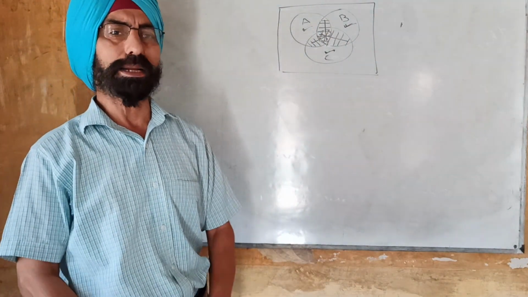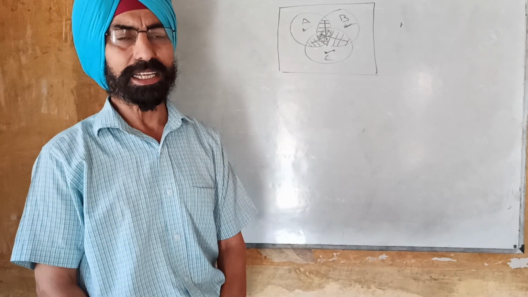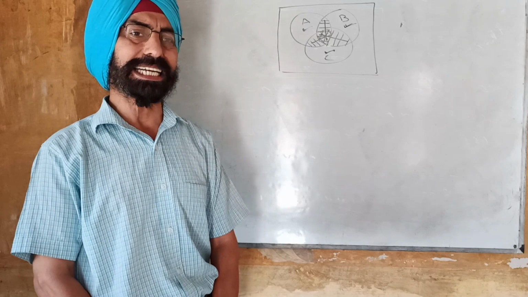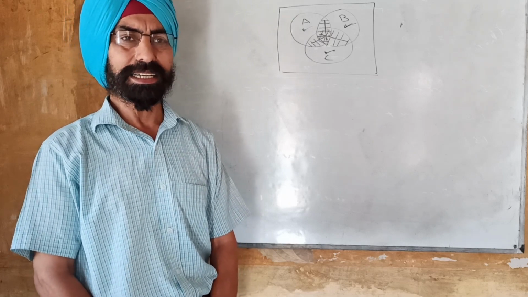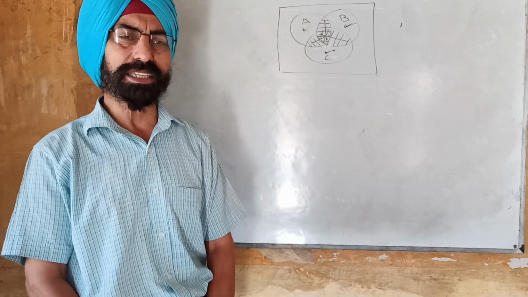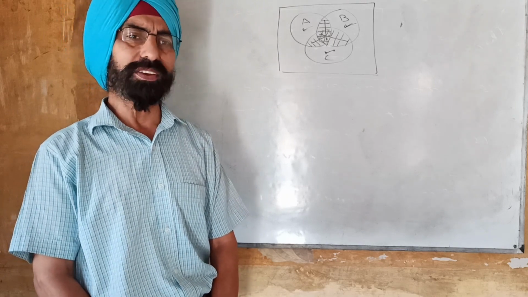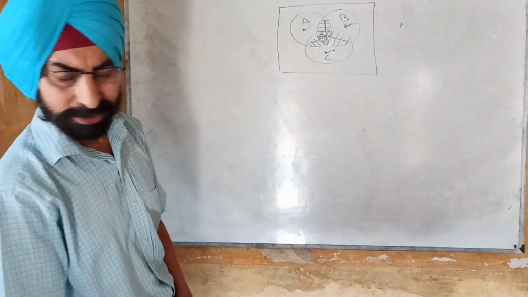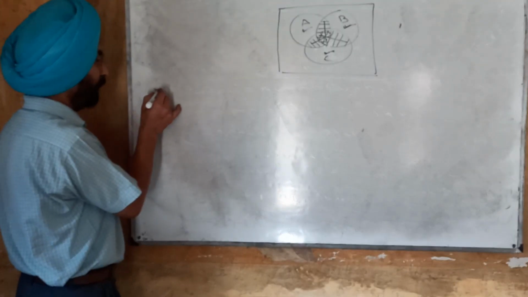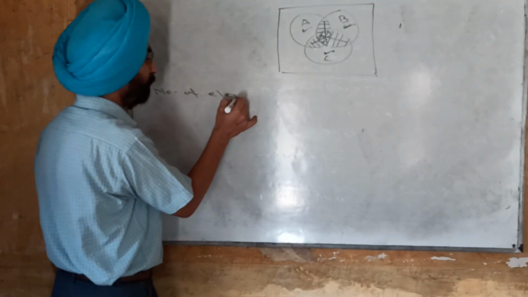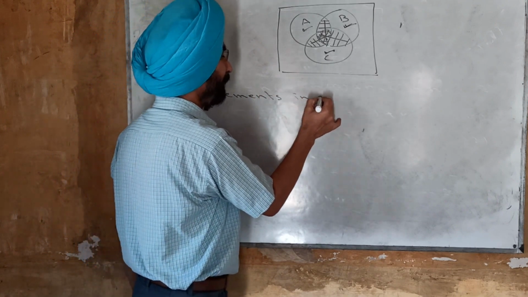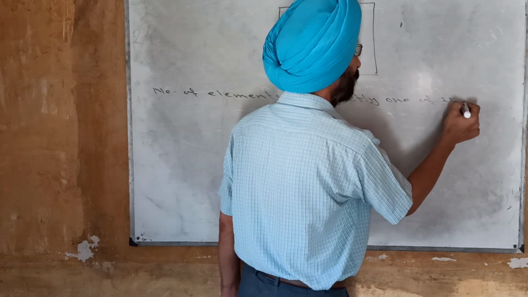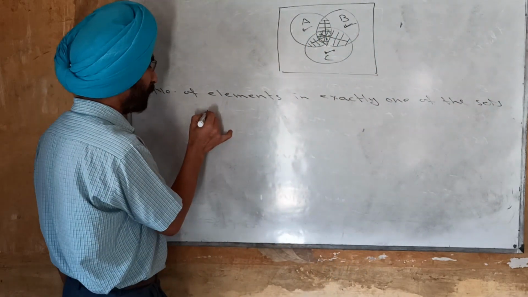So we are talking of the case when there are three sets A, B and C, and these three sets are intersecting each other, and what we want is the number of elements in exactly one of the sets A, B or C.